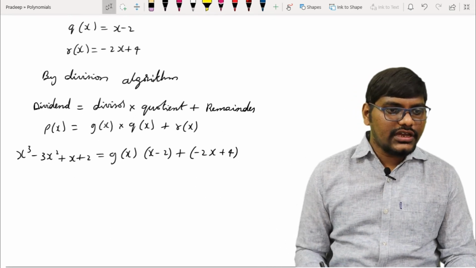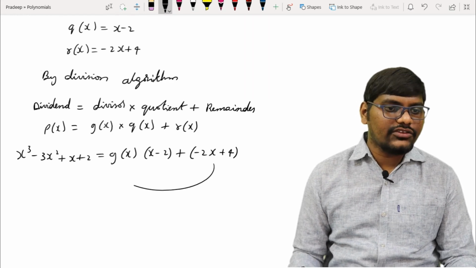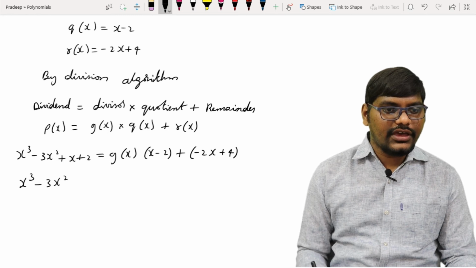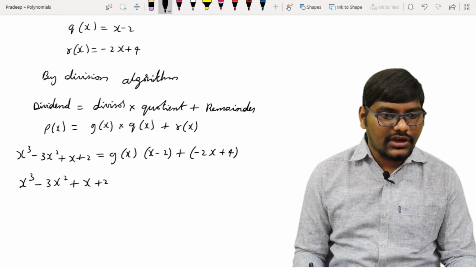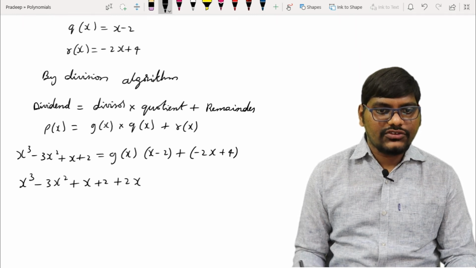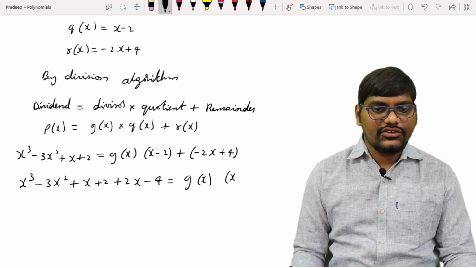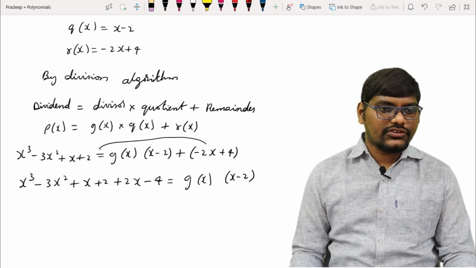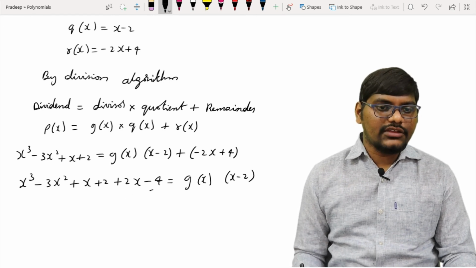Okay, so here if you just observe, this is in multiples where this is separate, that I can send to the other side. So I can write x power 3 minus 3x square plus x plus 2, and I'm bringing these terms to the other side, so I can write this as plus 2x, and this is minus 4, and this g of x as it is, x minus 2 as it is. Okay, I just brought minus 2x plus 4 to the other side, so minus 2x became plus 2x and plus 4 became minus 4.